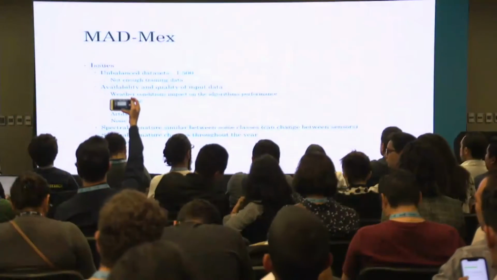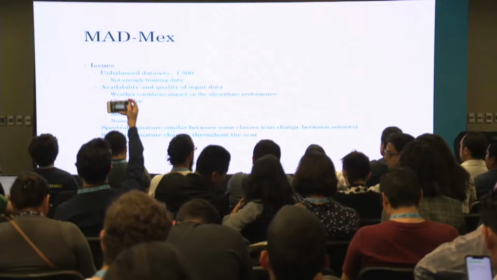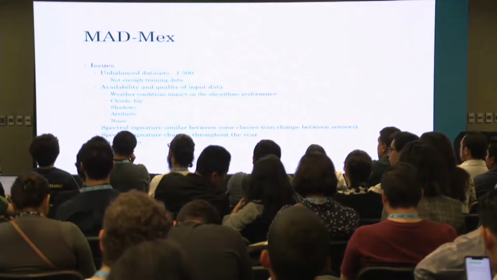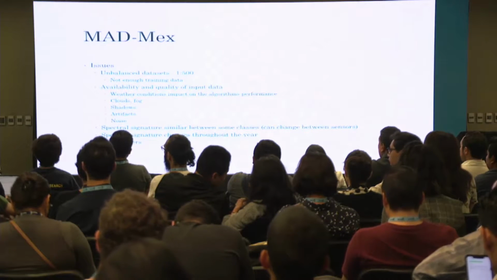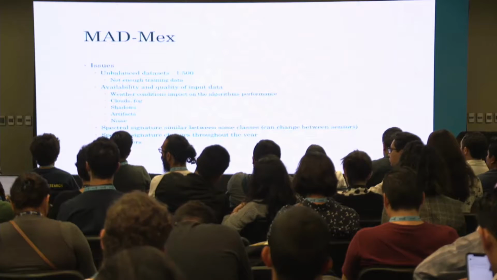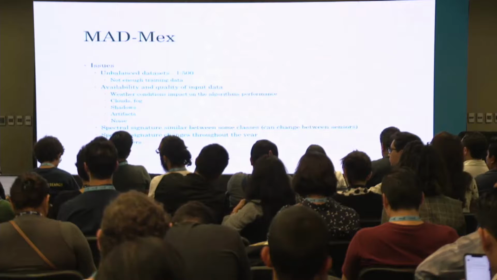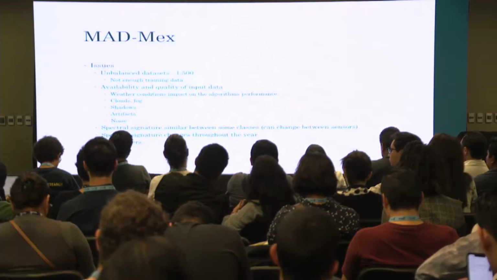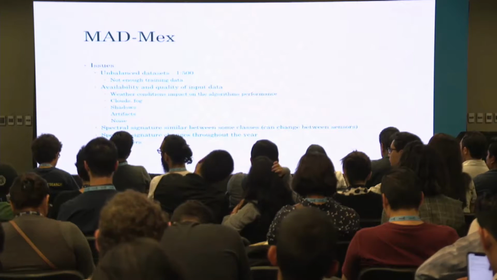And I also want to talk about the difficulties in processing this kind of data. For instance, we have unbalanced data sets, in the ratio of 1 to hundreds. And we don't have enough training data for some of these classes.